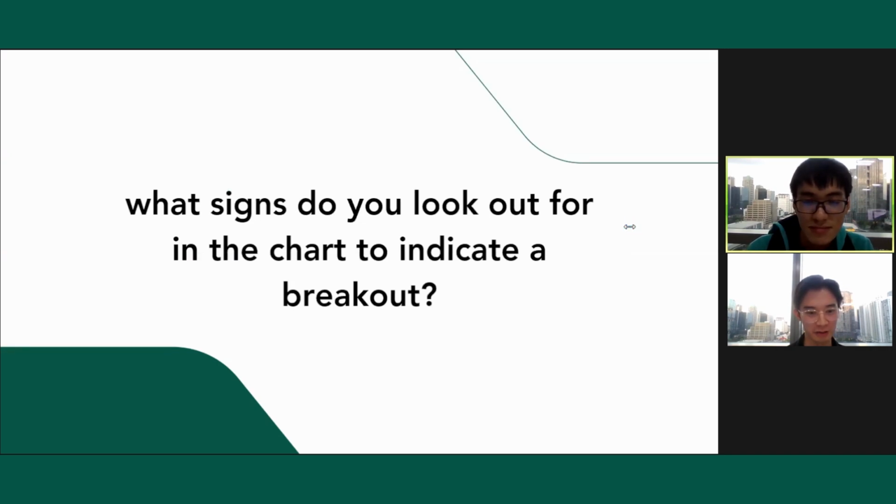What signs do you look out for in a chart to indicate a breakout? Okay, so what I look for to indicate a breakout is I want prices to be steady at the breakout level. So once price hits resistance, your expectation is that it will resist and go back down to support, right?